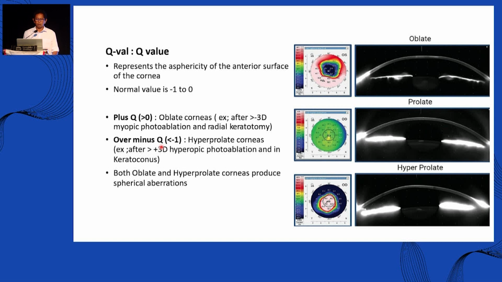So Q value, normal value is about 0 to minus 1. If it is more than 0, it's an oblate cornea. As I said, it happens after myopic photoablation. Over minus, hyperprolate corneas, mainly with hyperopic photoablation or in keratoconus.